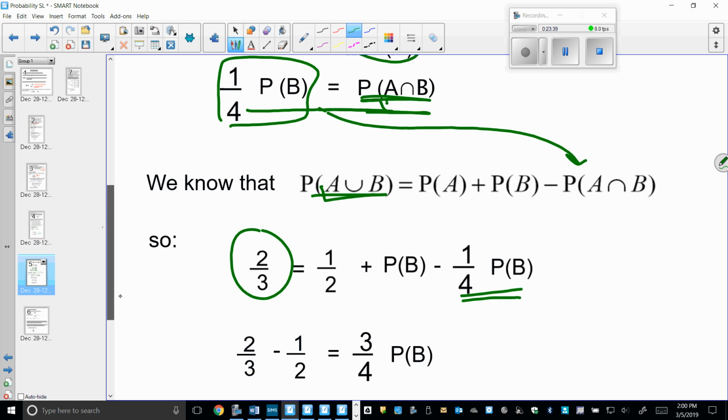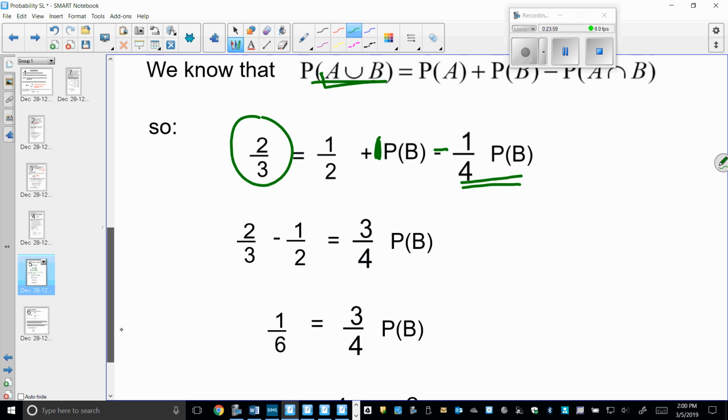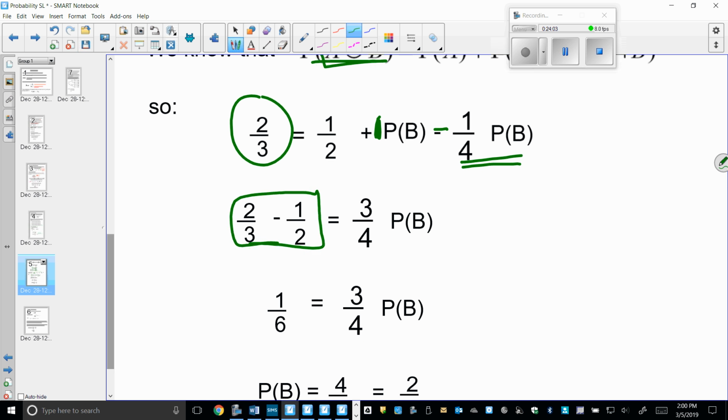So, subtract 1/2 from both sides. Now I've got 2/3 subtract 1/2, and then 1 whole PB, subtract 1/4 PB, gives me 3/4 PB. Maybe I need to do this bit to the side. How do we subtract fractions? Well, we need the same denominator for both.